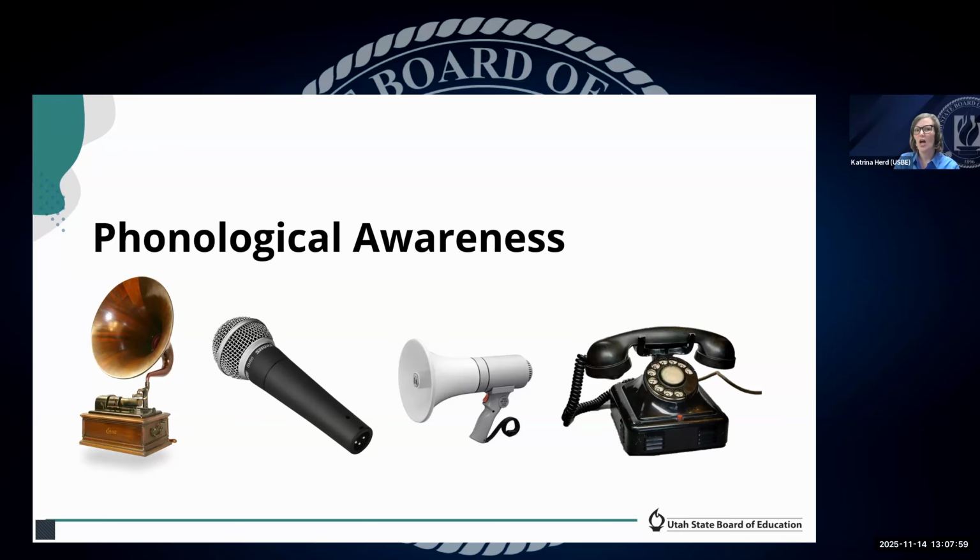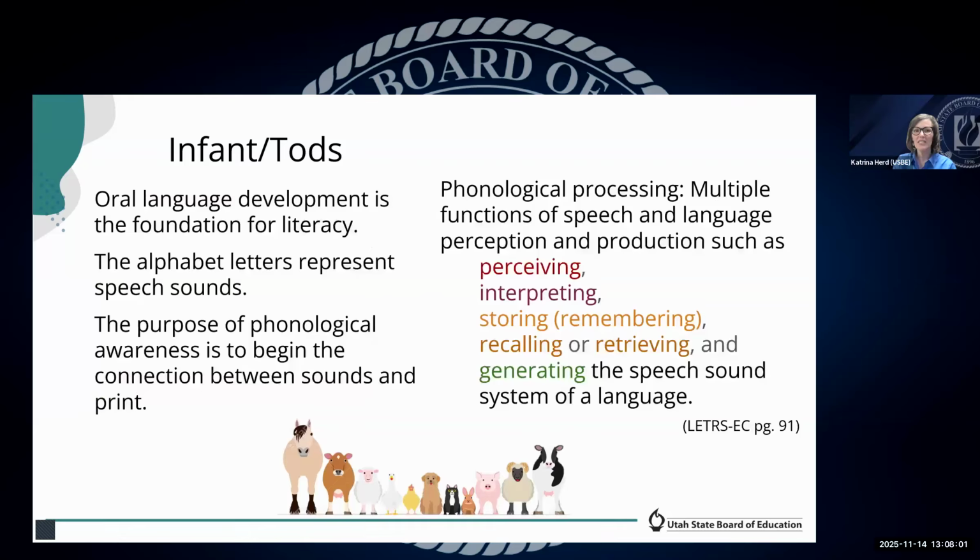So this skill, auditory. Infants and tots, oral language is the foundation of literacy. Great. But how do we get from like, I'm saying words to I can pull those words apart in preschool? Well, we're starting in those infants and tots by planting those seeds, building the idea that these sounds coming out of my mouth mean something, and I can attach these sounds to something that's abstract.